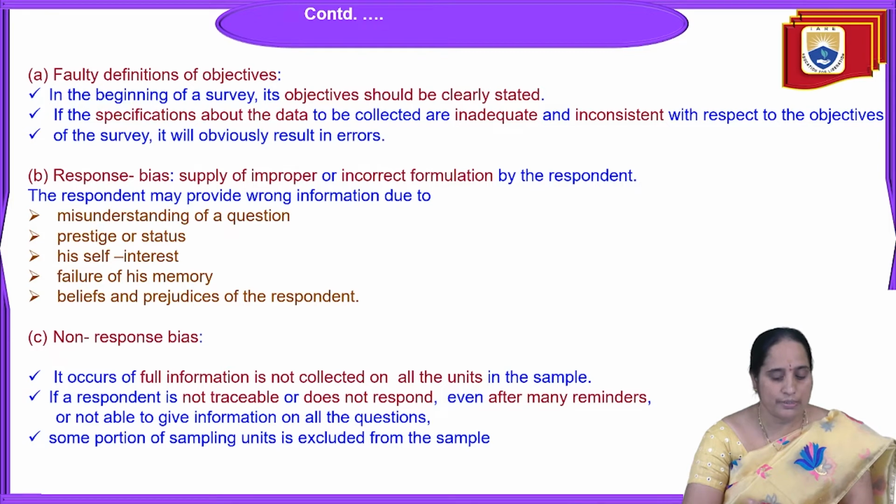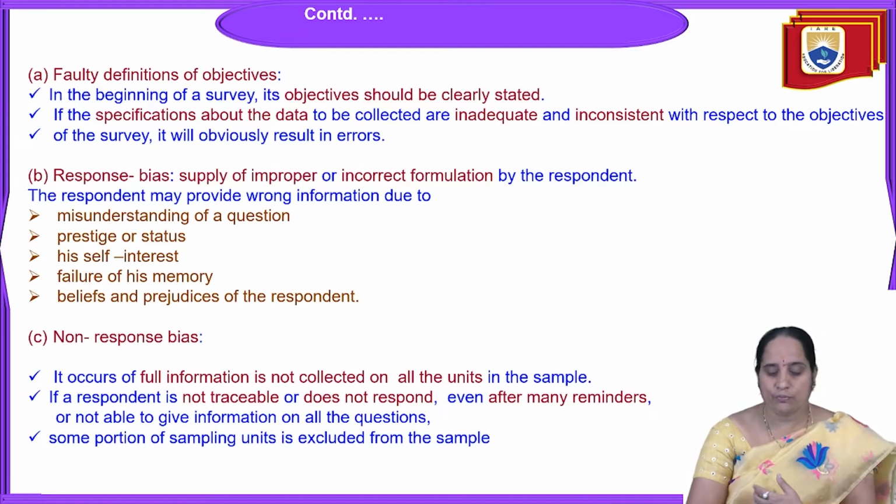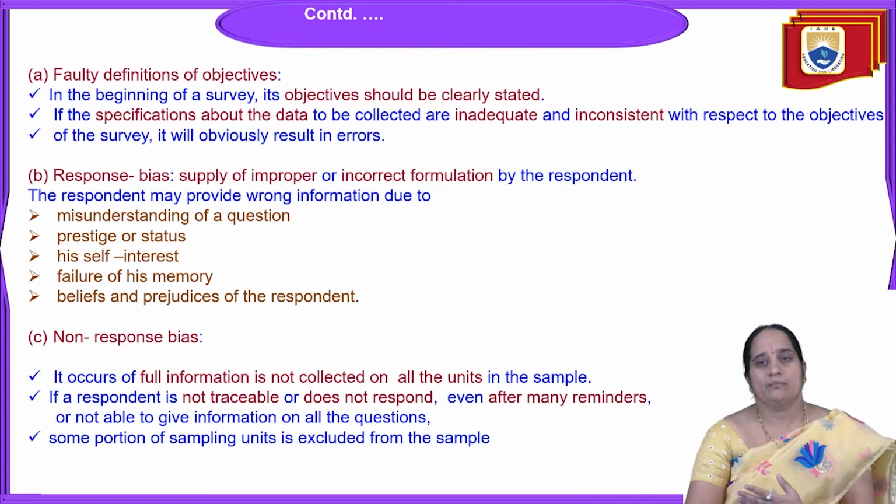The next one is non-response bias, another cause for non-sampling errors. In this case, it occurs when full information is not collected on all units in the sample. Sometimes, due to the time factor or some other reasons, the enumerator fails to collect complete information from all the units in the sample that has been chosen by the researcher.